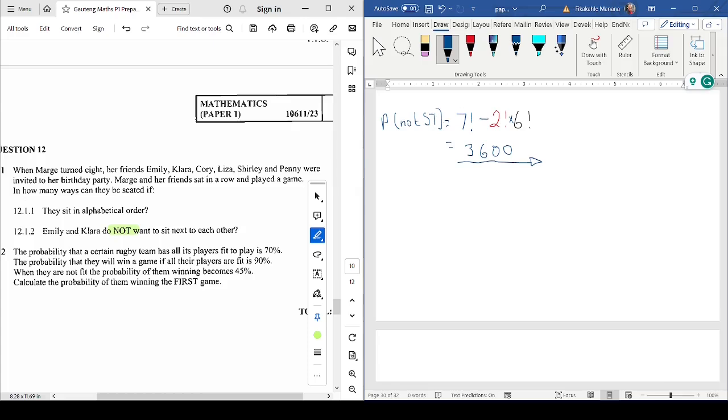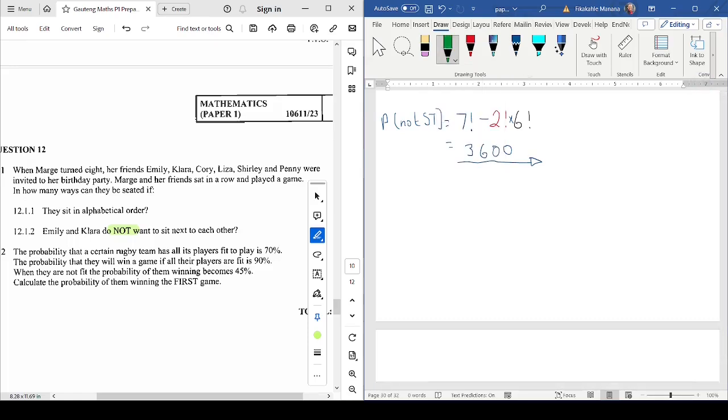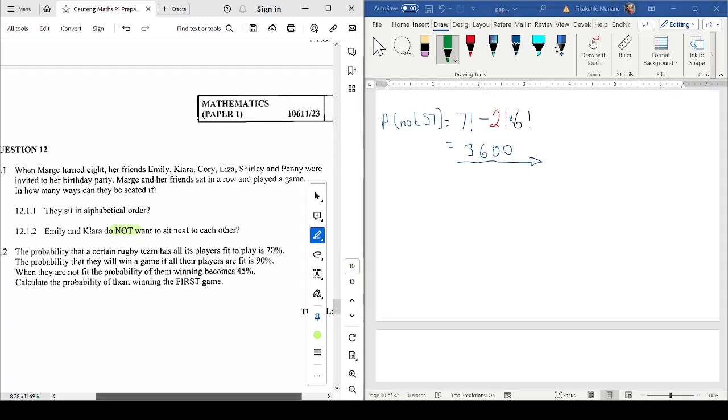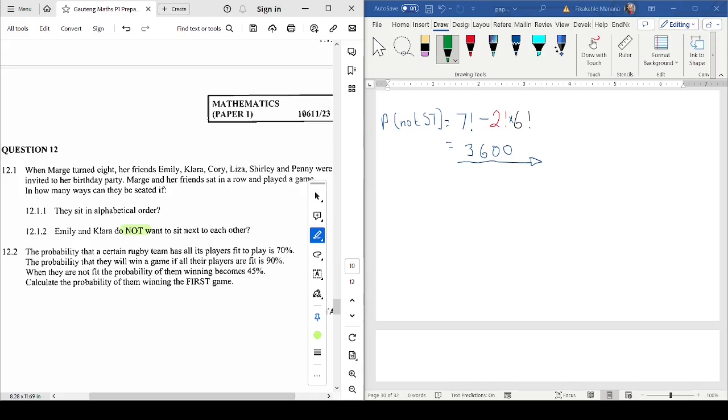Okay, so like we said before, probability is really a topic of English. The maths is easy. It's the English they trap us with. So if we read this, let's write it step by step. What question number is this? 12.2, right?